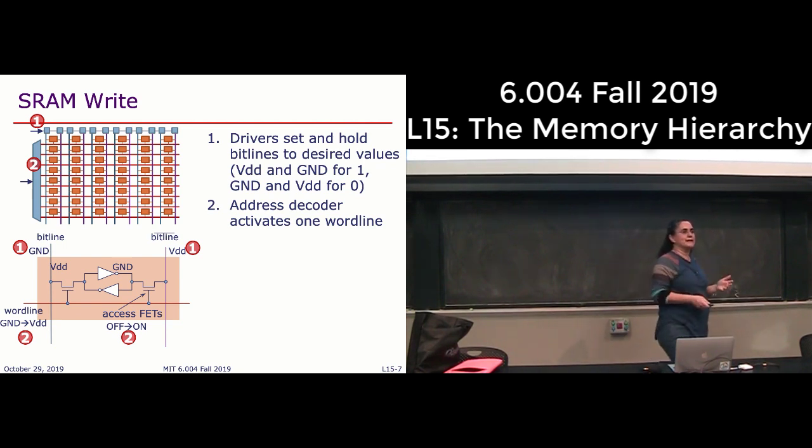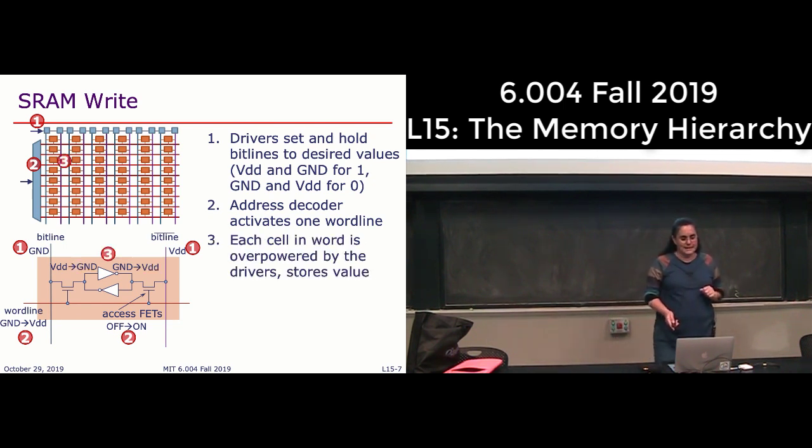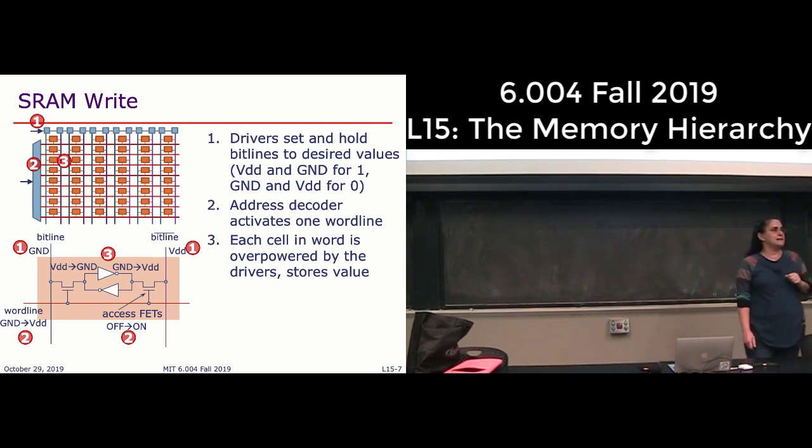And so essentially the value that's being driven by the bit lines overpowers the value that's in the SRAM cell, and so it flips its value. So this ground on my bit line is going to overwrite this VDD that I originally had stored here, and now I will have written a value of 0 to this cell.